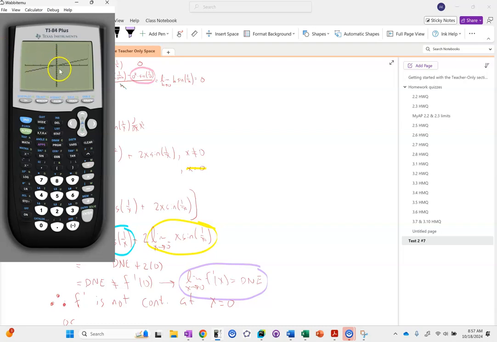So if I look, everything looks okay, but if we zoom in real close, let's go like negative 1 to 1 or something. So everything seems fine, but boy, that flattened out a lot there. Let's zoom in a little more.